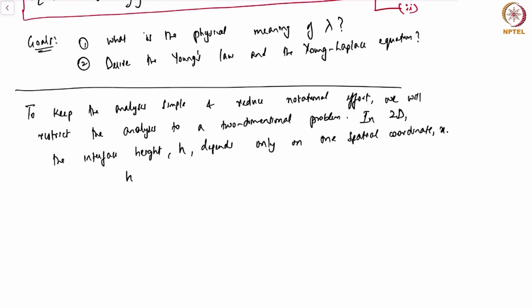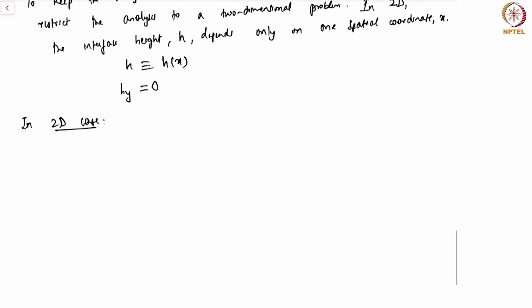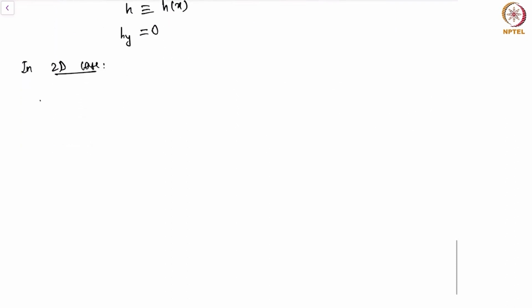So in other words, this height h is simply h(x). Okay, and h(y) is 0. There is no variation in the y direction, and therefore in the 2D case, the energy functional that we have above just simply reduces to J, which is now a function of 2 variables rather than 3 variables.